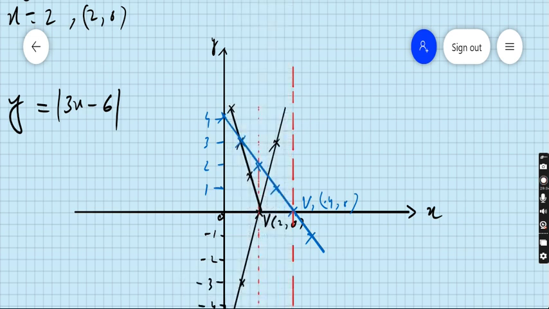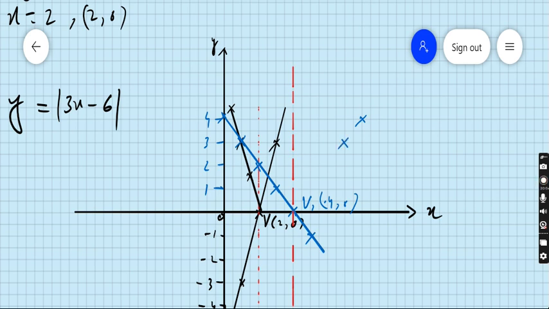Because our graph is a V-shaped function, so now we have to see first point. 1, 2, 3, 4. Then 1, 2, 3, 4. This is our first point. The second is 1, 2, 3, then 1, 2, 3. This is our second point.